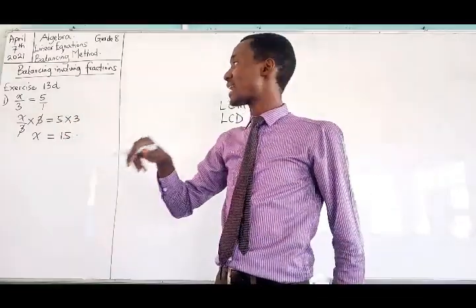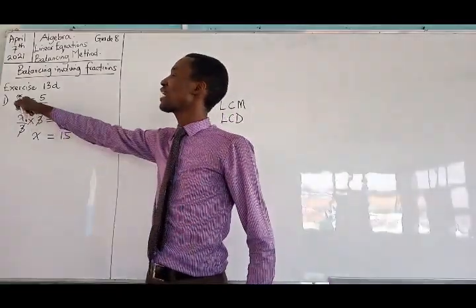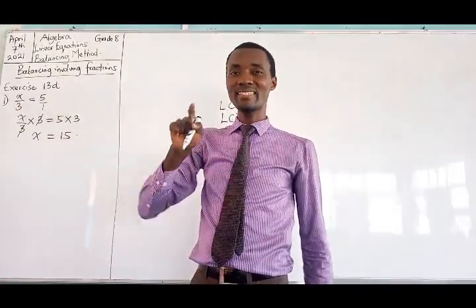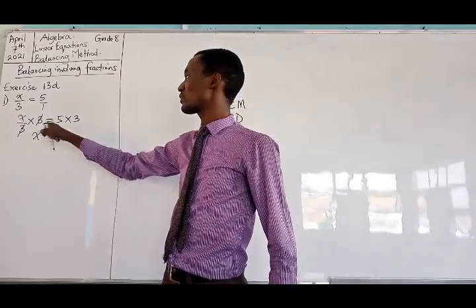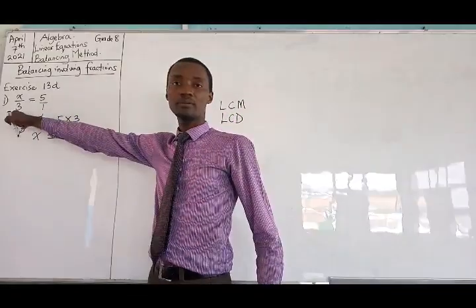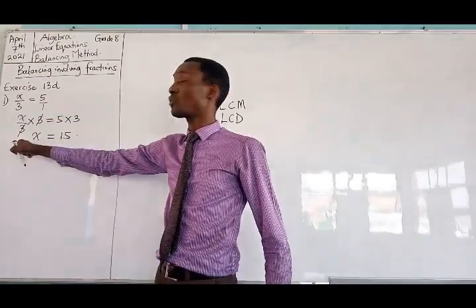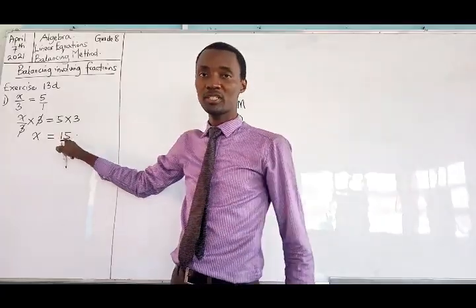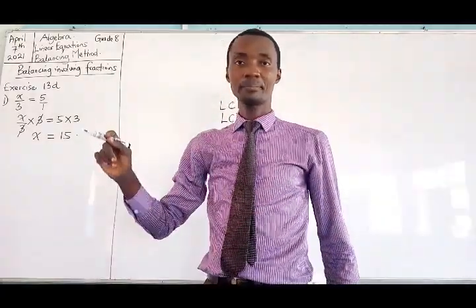So the rule says multiply the left hand side and the right hand side by the LCD. In this case, the LCD is 3, and that would help clear up the 3 here and make the coefficient of x become 1. So x becomes equal to 15, and that clears out that problem.